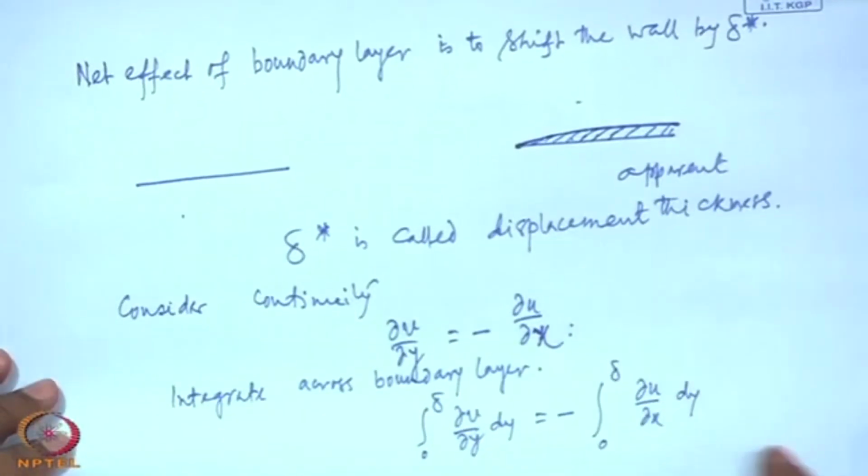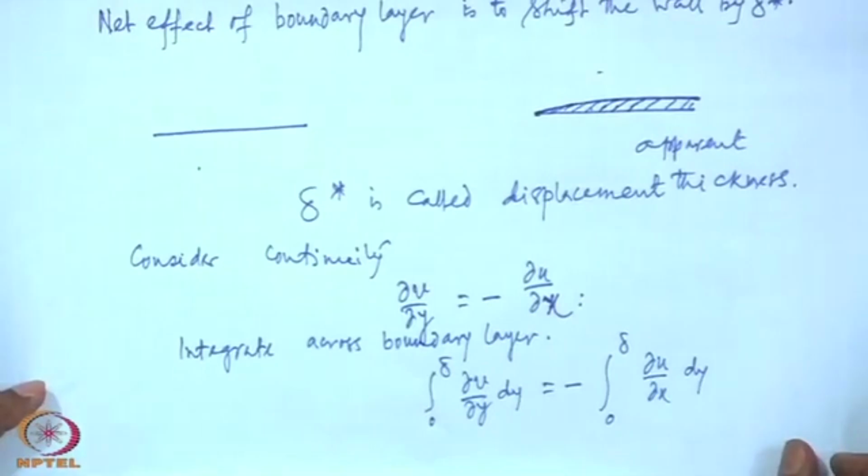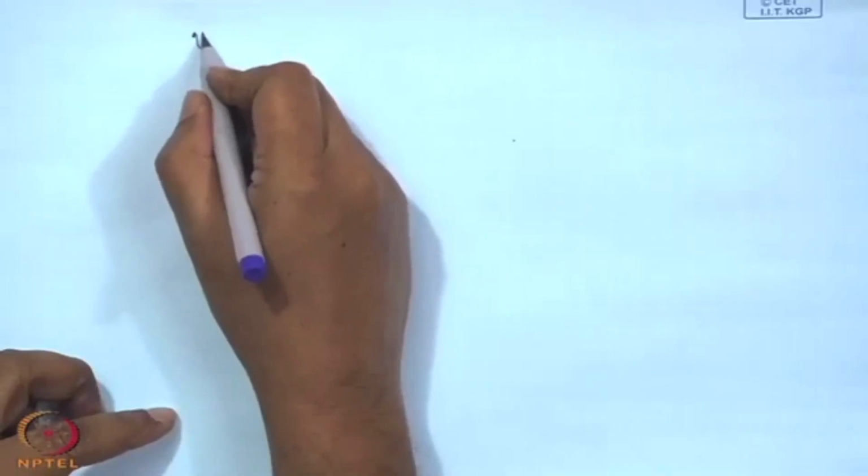What is this left hand side? Left hand side can be integrated explicitly. V at delta, V at 0 is 0, so V at delta, that equals zero.